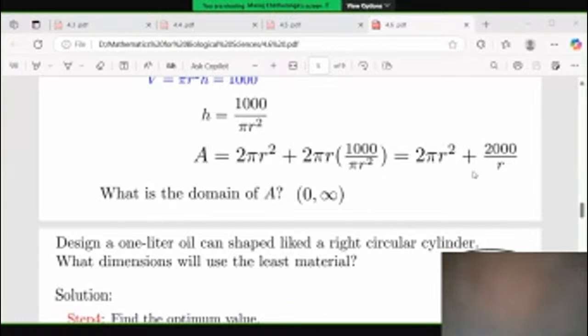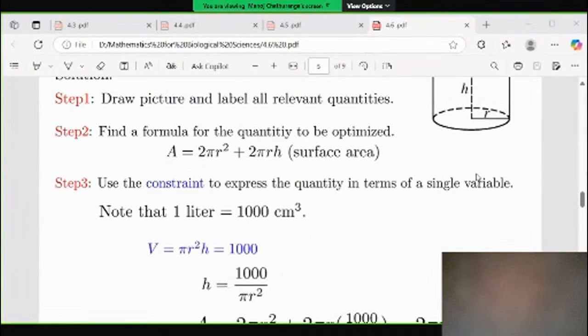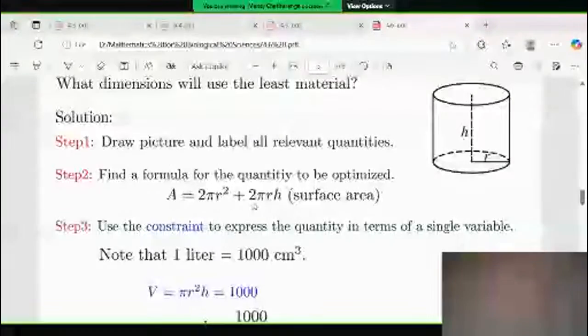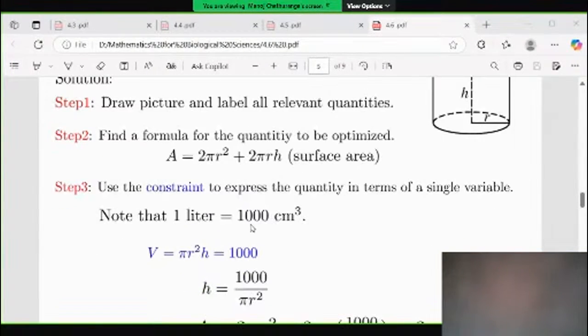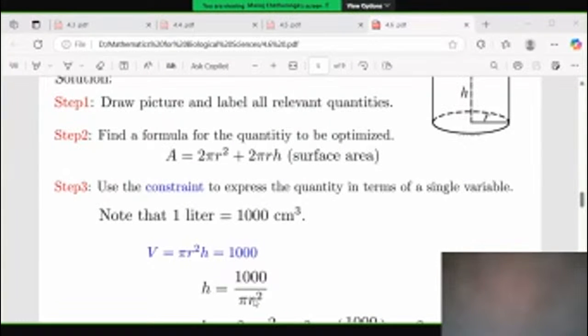At the same time, you can make R as large as you want by taking a very small height. This will be very short and flat, spread across.